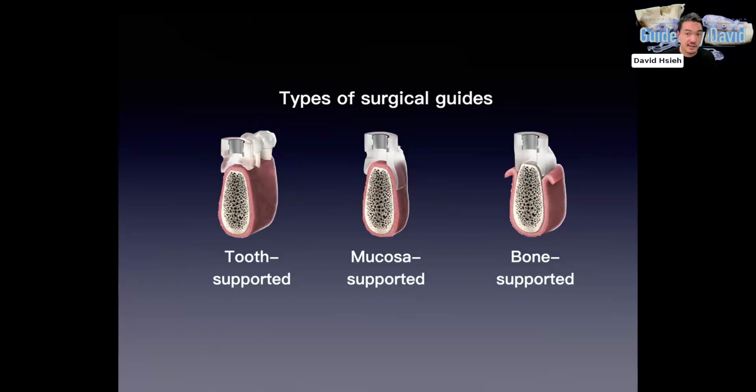So if you are just getting started, start with tooth supported. This is the easiest for planning, and it's also pretty easy to do the surgery, because sitting a surgical guide on the teeth is just like sitting a night guard, right? It just rests on the teeth, then you do your surgery. That easy, right?